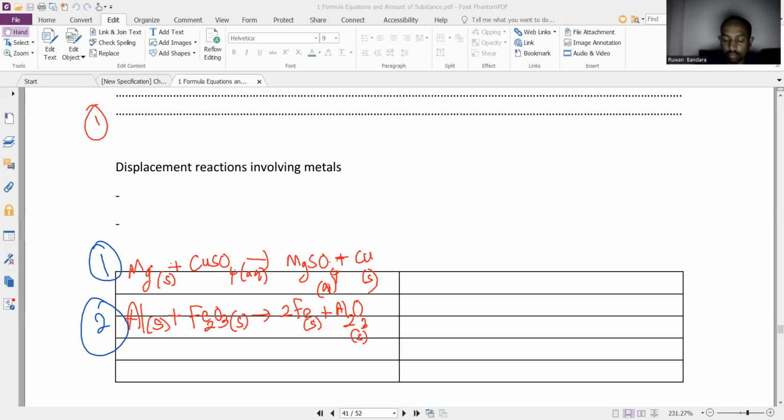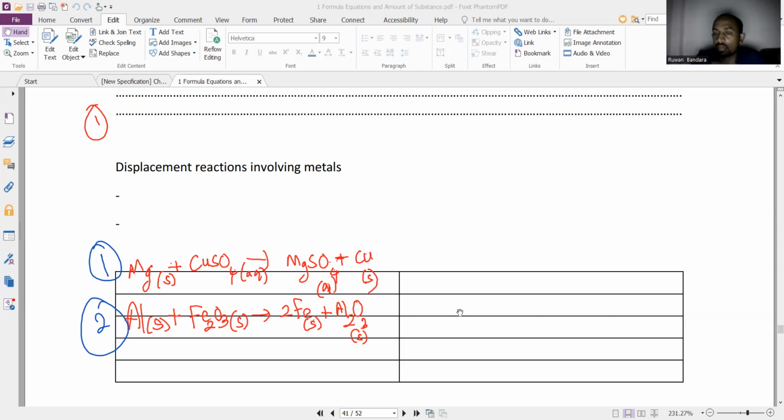And number two: both the reactions produce solid metal.